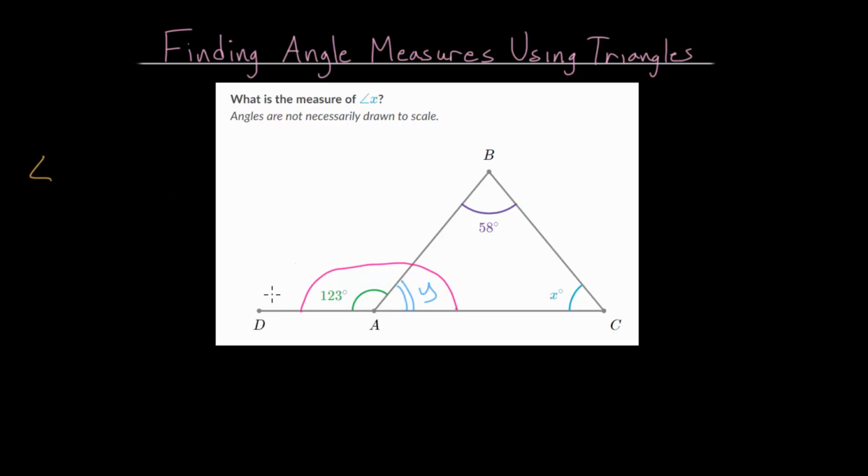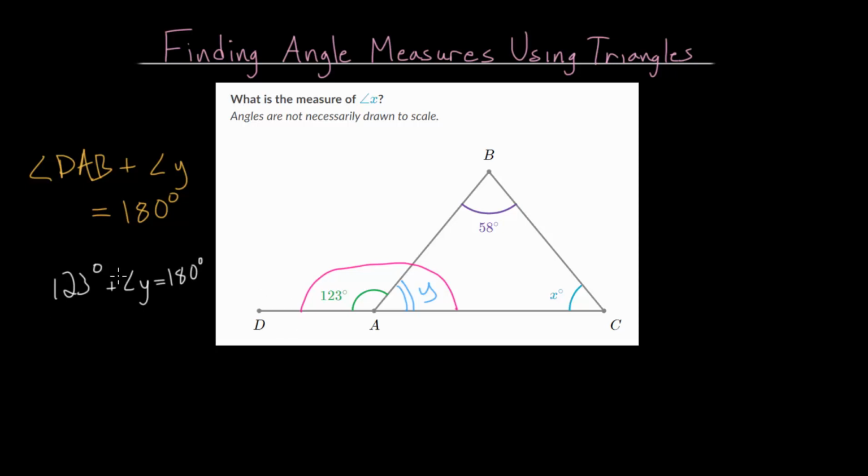So let's set that up as an equation. We can say that angle DAB plus angle BAC, or just angle y, are equal to 180. They are supplementary. So we can substitute in 123 for angle DAB. So we have 123 degrees plus angle y is equal to 180 degrees.